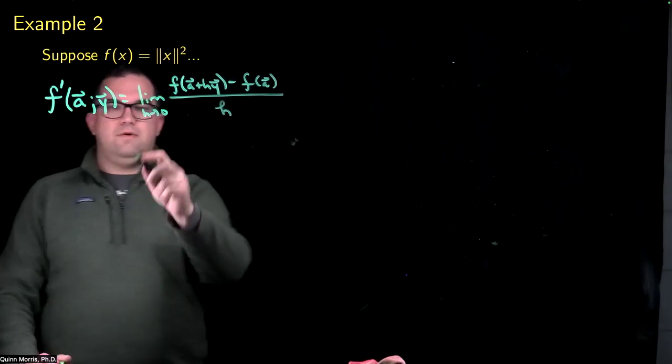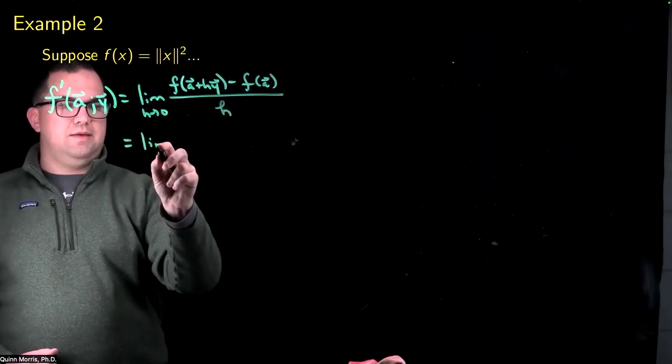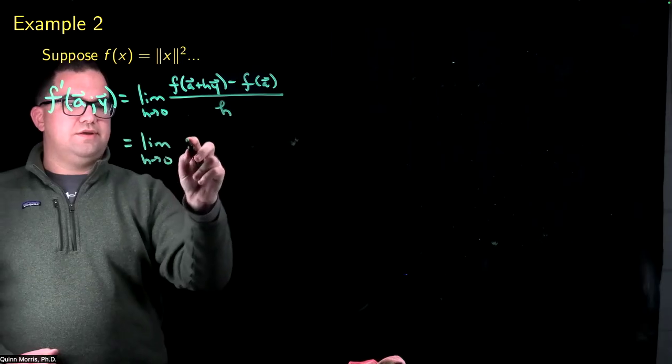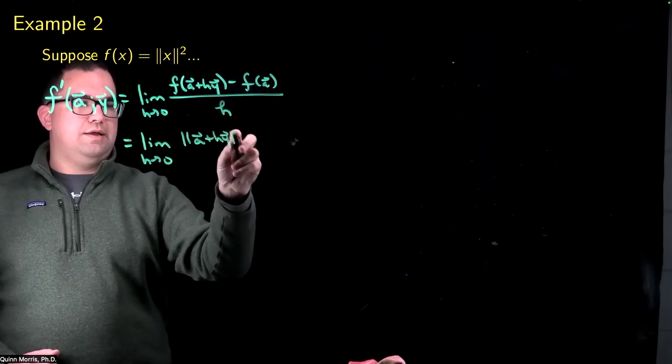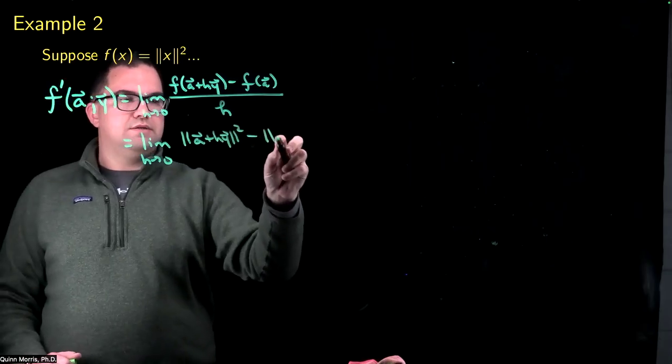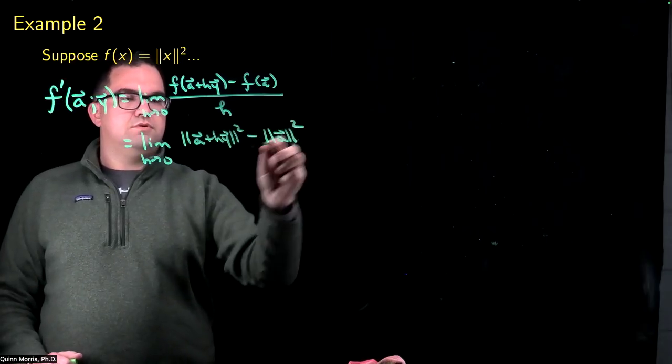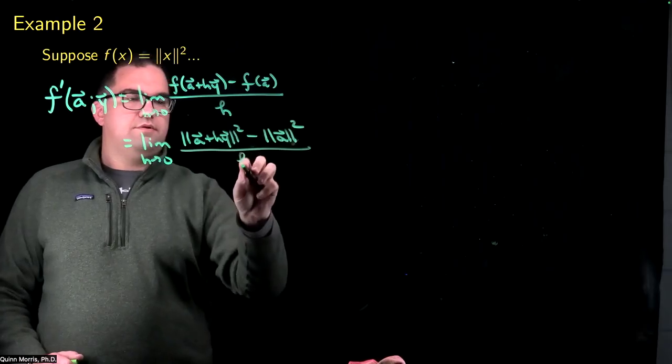Now in this case, let's see, what is this? This is the limit as h goes to 0 of the norm of a plus hy squared minus the norm of a squared divided by h.